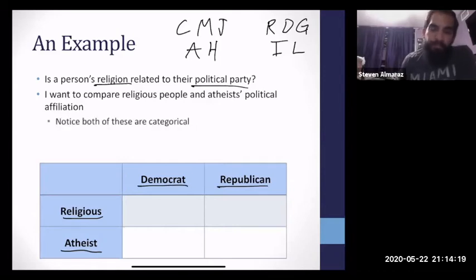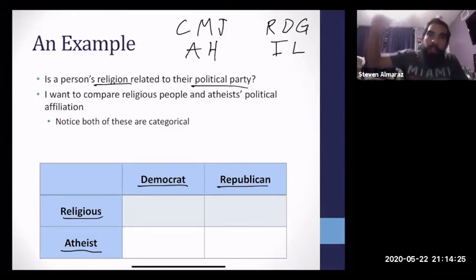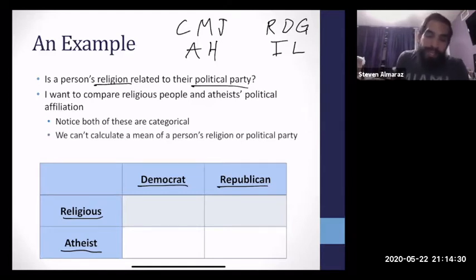You'll notice again that both of these are categorical, so we're not going to have a large numerical variable there. We can't calculate the average score of a person's religion. We can't calculate the average political party for all the people in a group. You just can't do it because it doesn't make sense to have an average.